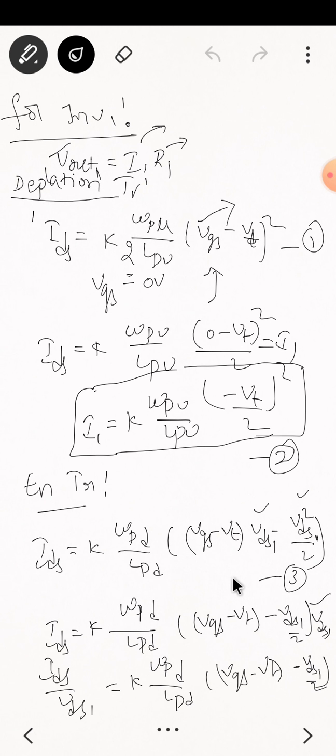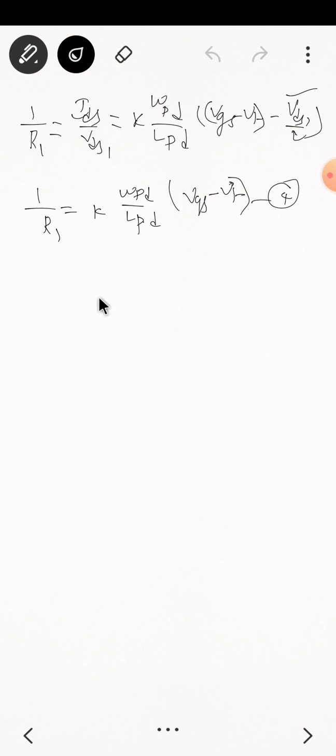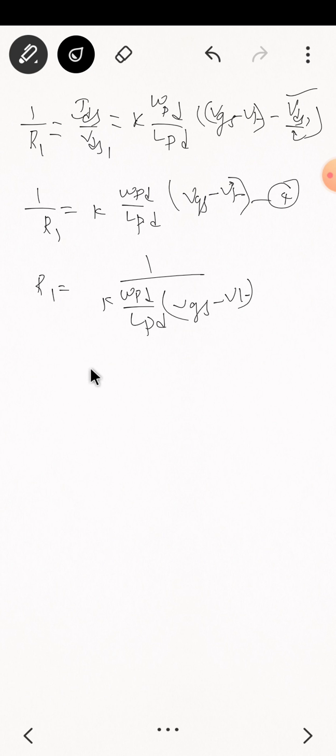Equation number 4. We know that we have to find Vout. So how will it become? R1 is equal to 1 upon K into (W_PD by L_PD) into (VGS minus VT). Next, Vout1 is equal to I1 into R1. So Vout1 will become: I know the I1 value.